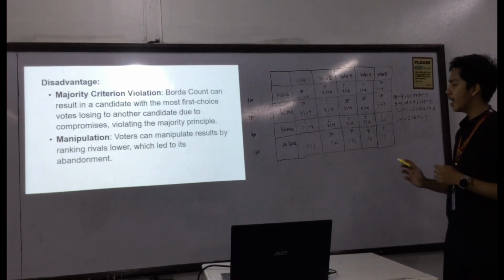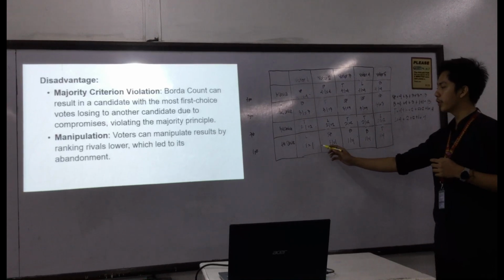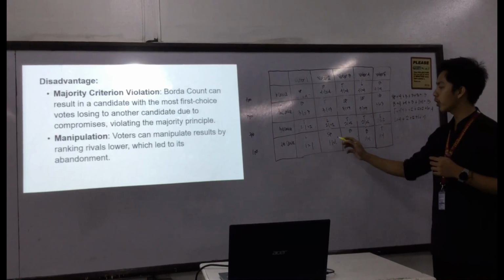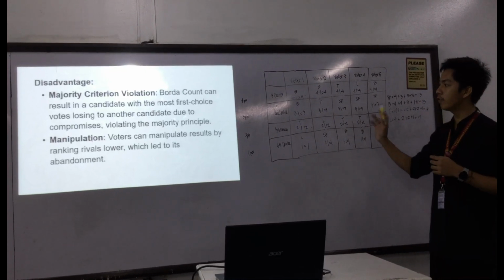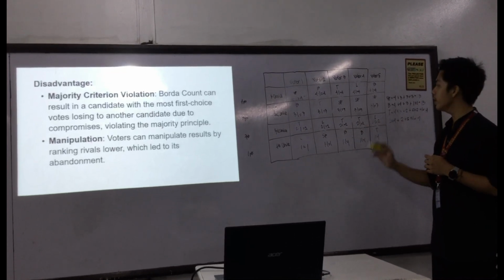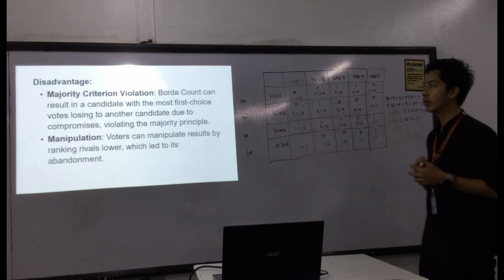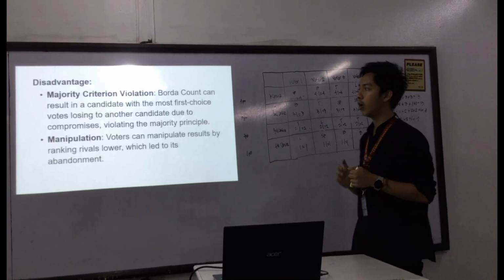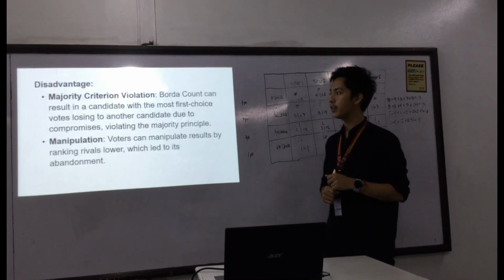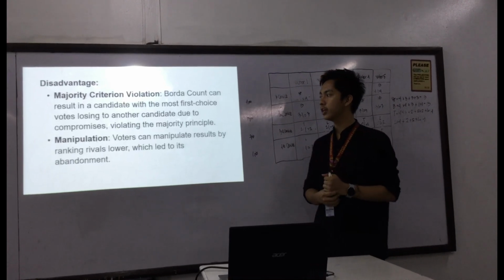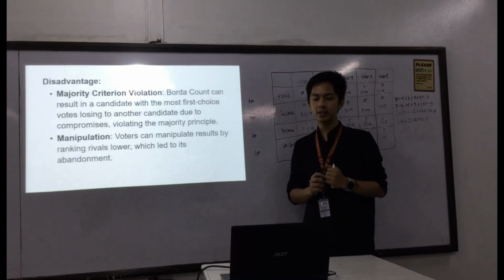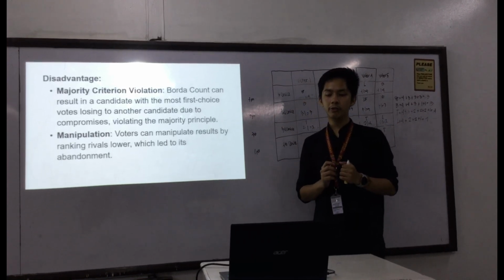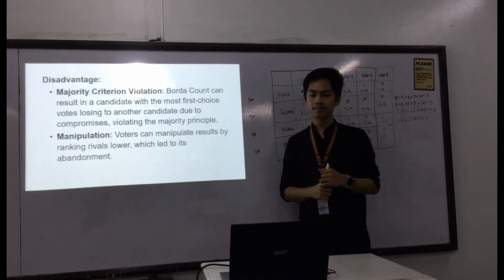For example, San Francisco has the majority of first choices, but the overall winner is Berlin, so it violates the majority criterion. Then lastly, manipulation. Voters can manipulate results by ranking rivals lower, which led to its abandonment.